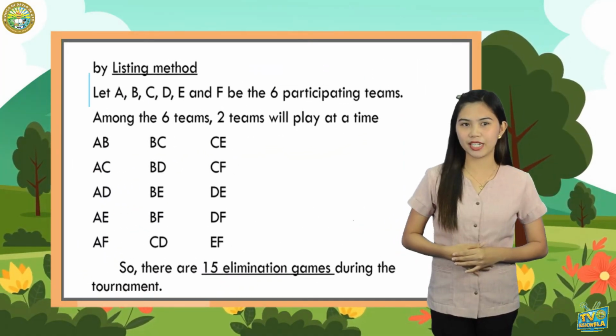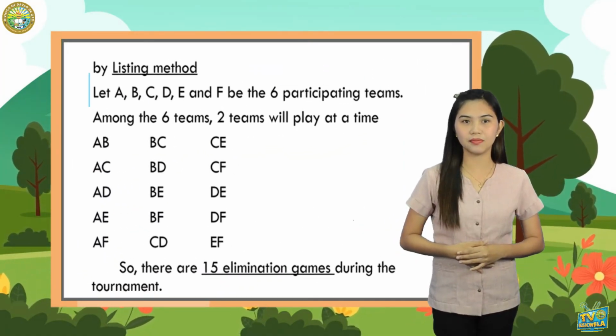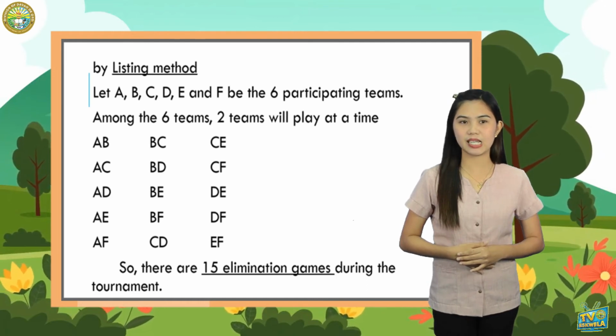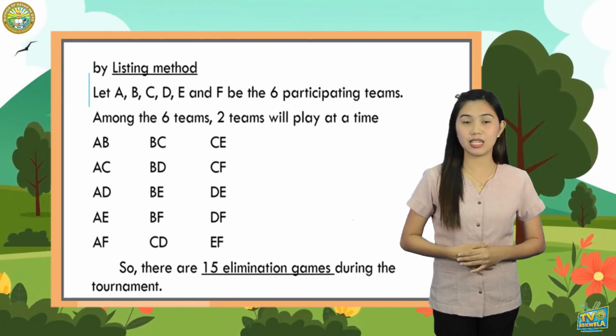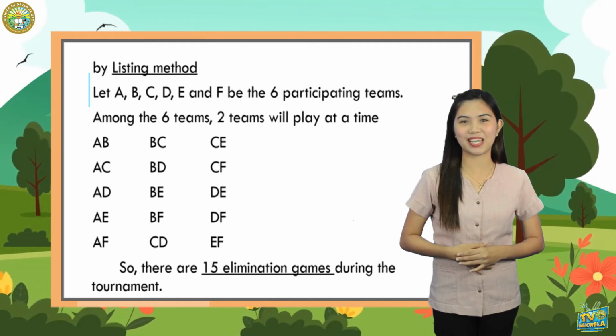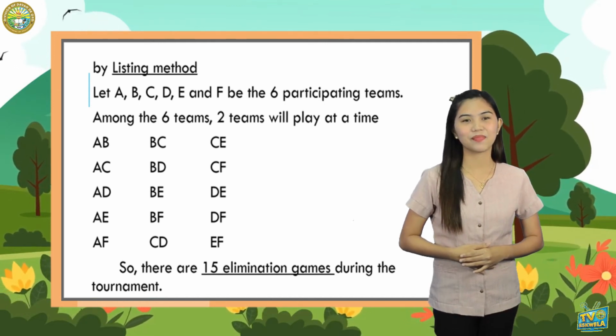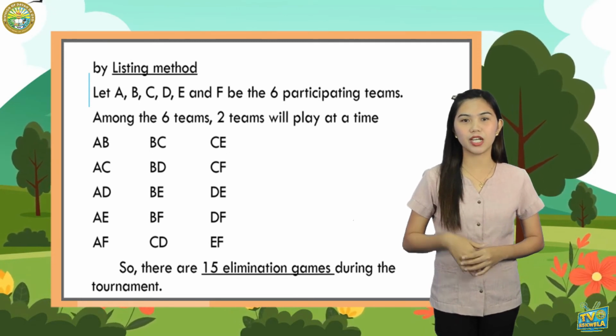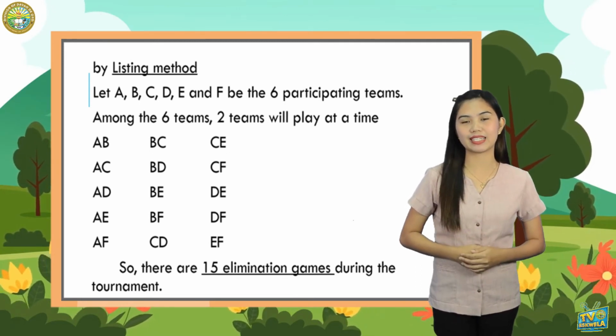By listing method, we let A, B, C, D, E, and F be the 6 participating teams. Among the 6 teams, 2 teams will play at a time.